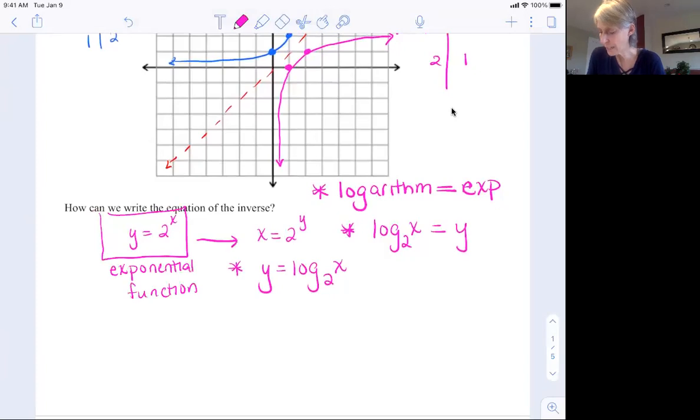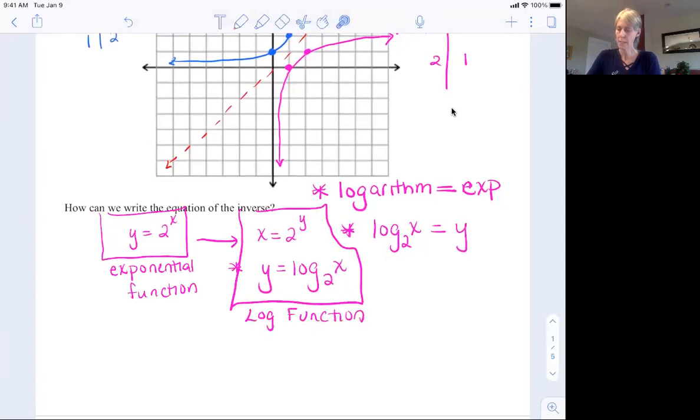And then we take the inverse, and this over here is a log function. This top form is the exponential form of the log function, and this bottom form is the log function written in log form. So it's really important to understand that when you have a log function, it can be rewritten as an exponential, and these two mean the same thing.